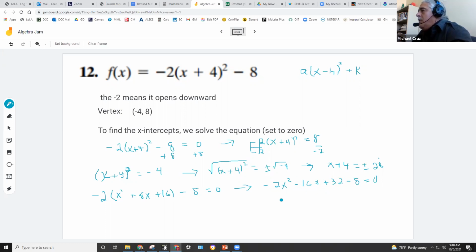So then this is going to be what it would look like: minus 16x plus 24. And then we could divide everything by -2 to make it a little bit simpler if we want, since everything is even.